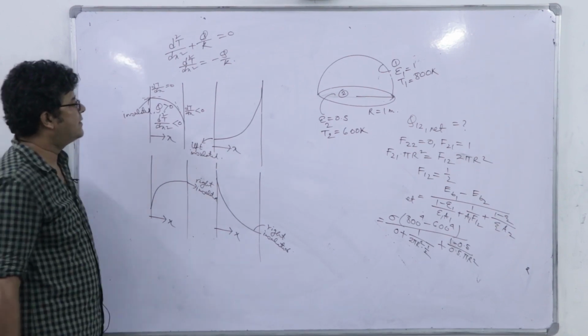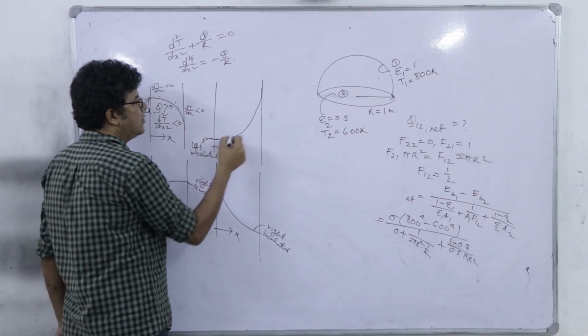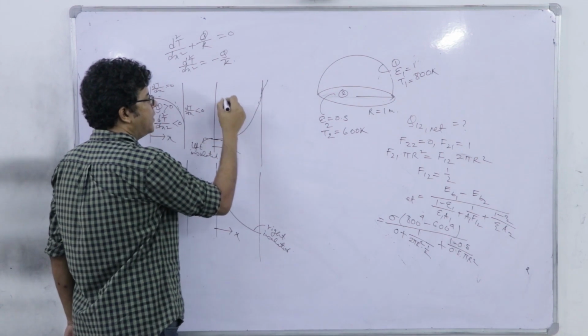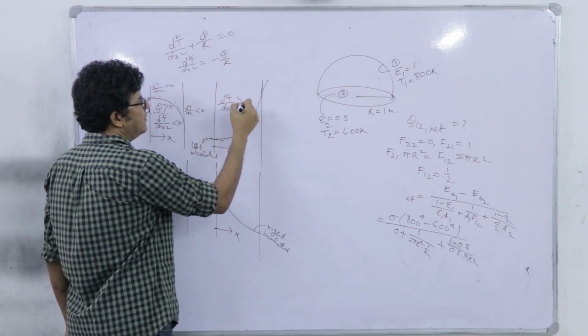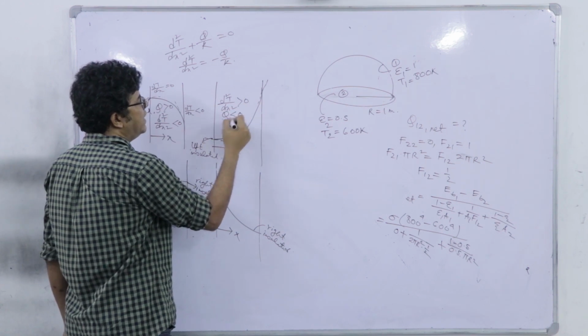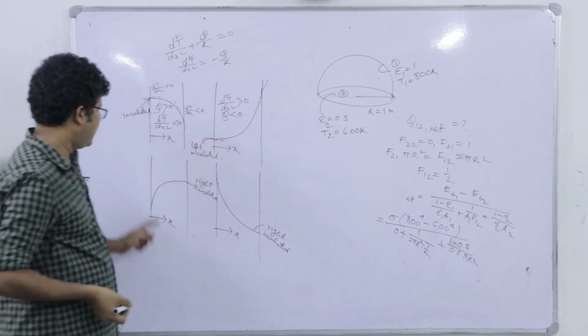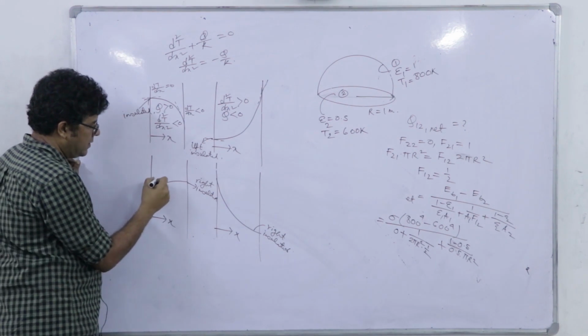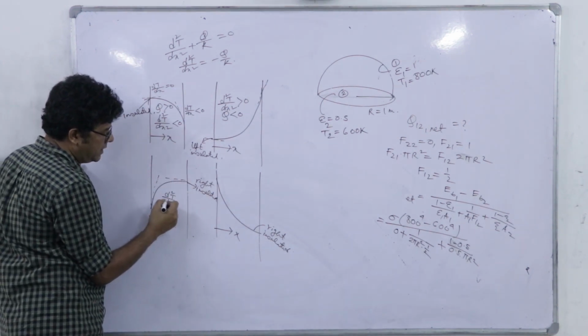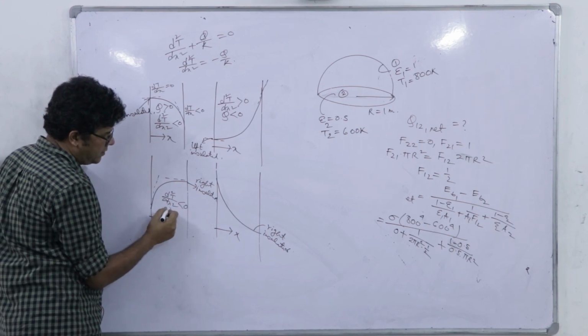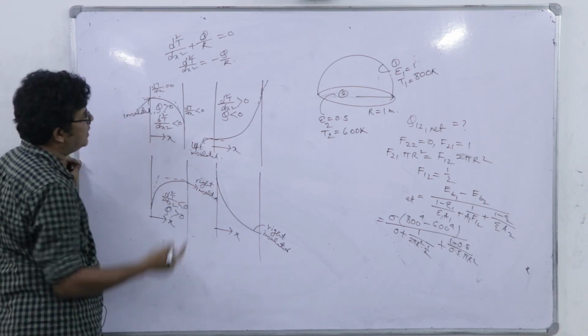Similarly, in the second case, here it is 0 and here it is positive. So, d square T dx square is positive, right, q negative. So, heat dissipation. Here similarly, this is positive, this is 0, so d square T dx square negative, so q positive, heat generation, once again.